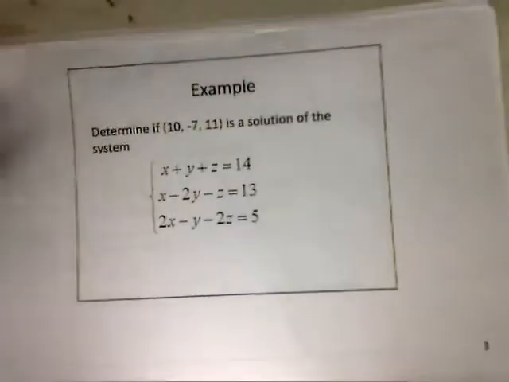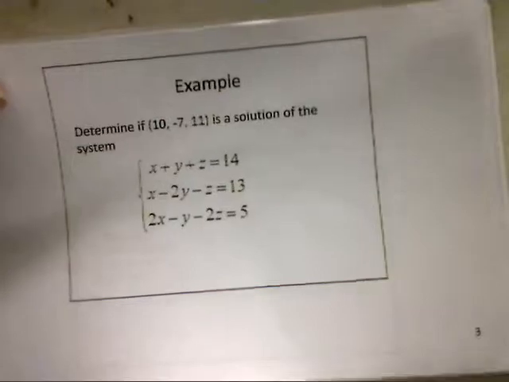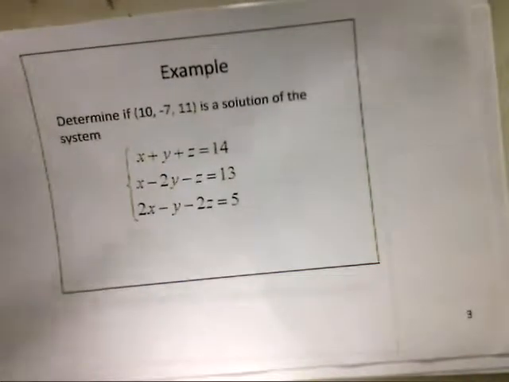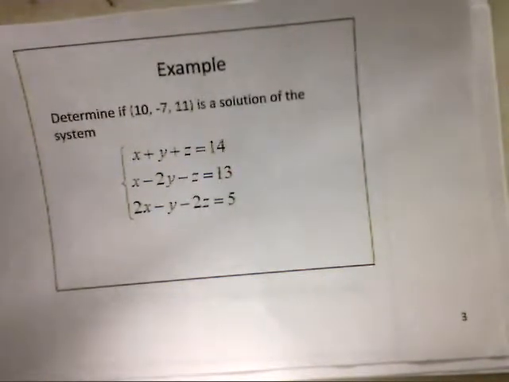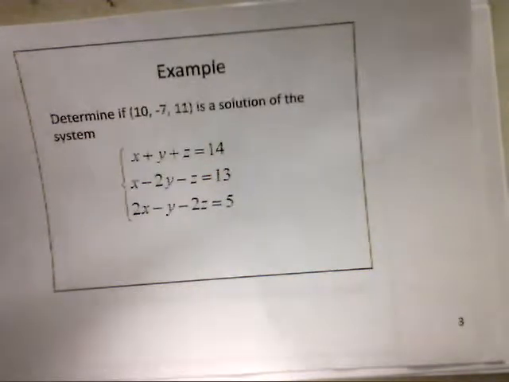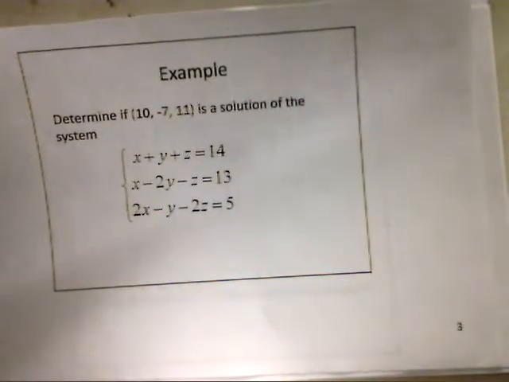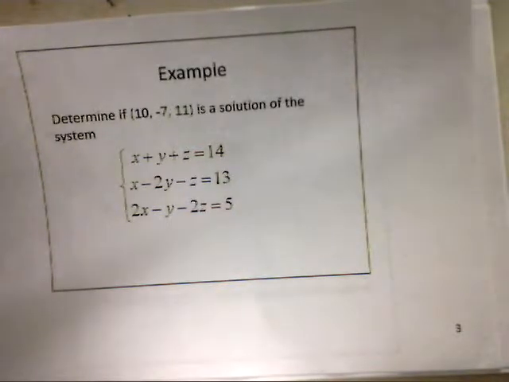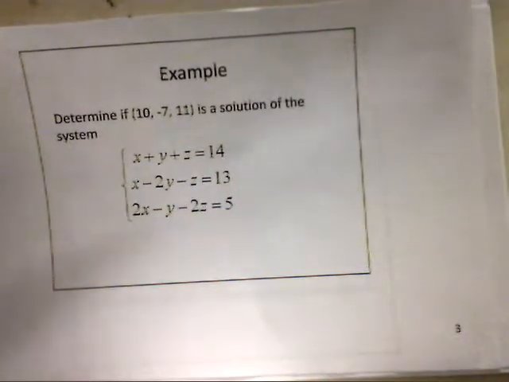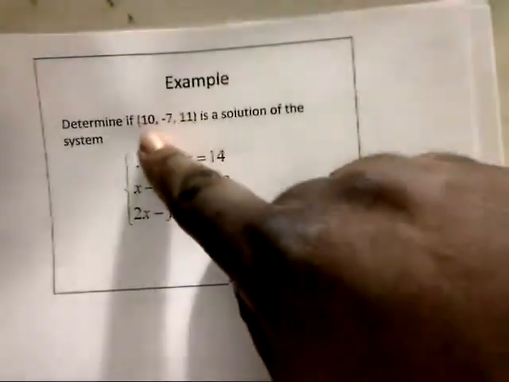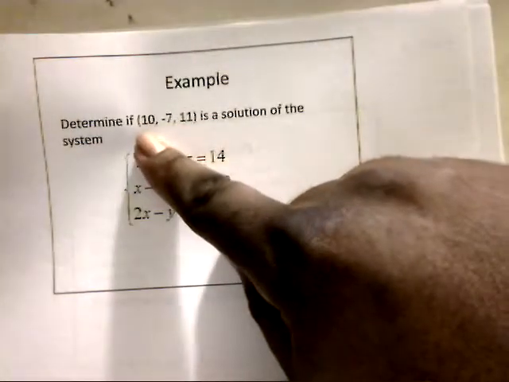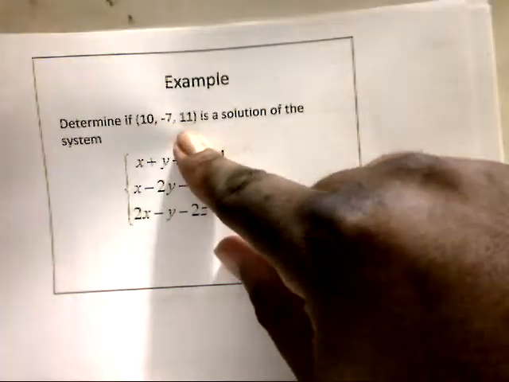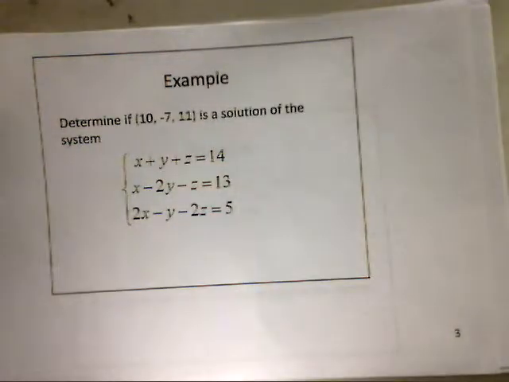Okay, now let's look at this system of equations here. We have x plus y plus z is equal to 14. Then x minus 2y minus z is equal to 13. And 2x minus y minus 2z is equal to 5. We want to determine if this ordered triple, 10, negative 7, 11, is a solution of this system.